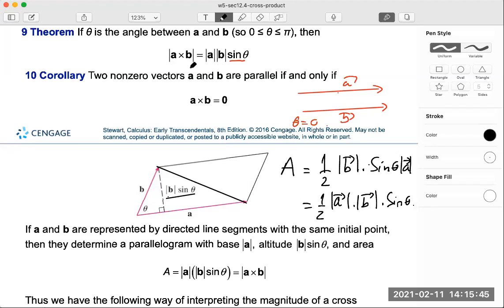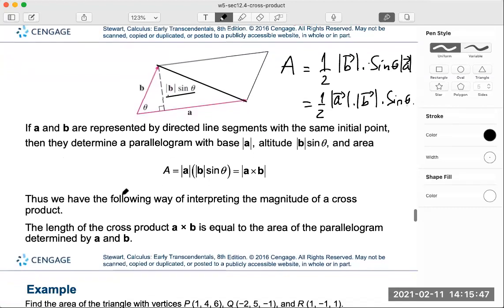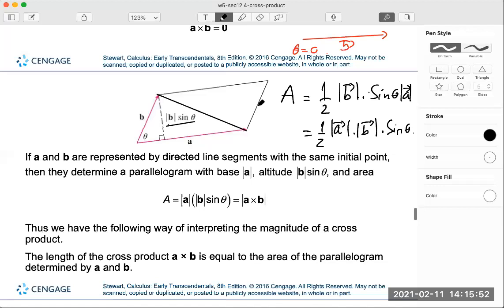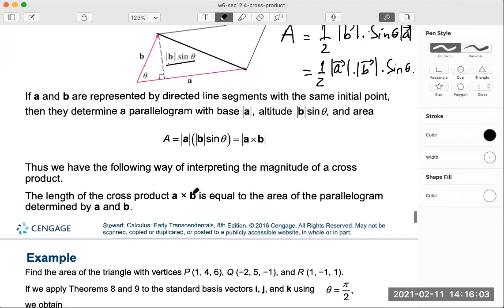Okay? Or in other words, the area of this parallelogram will be double the area of this triangle, right? Or in other words, the magnitude of the cross product of A and B here will be equal to the area of the parallelogram determined by vector A and vector B. Okay.